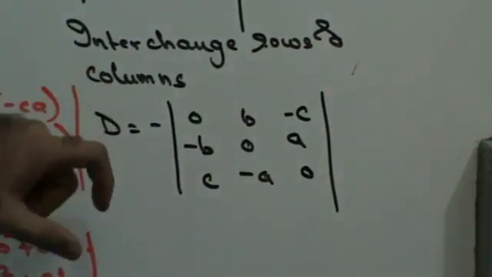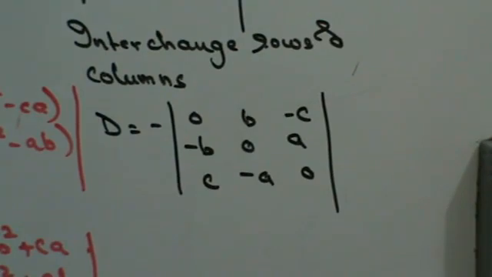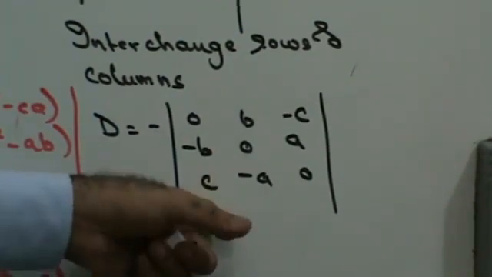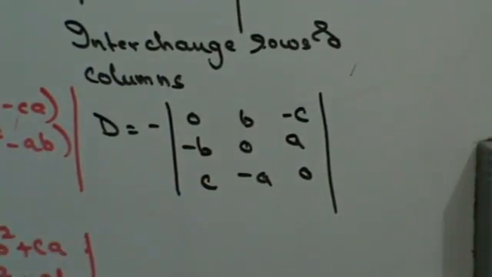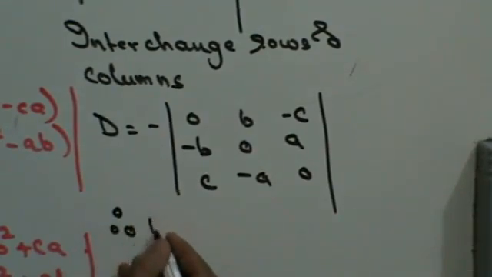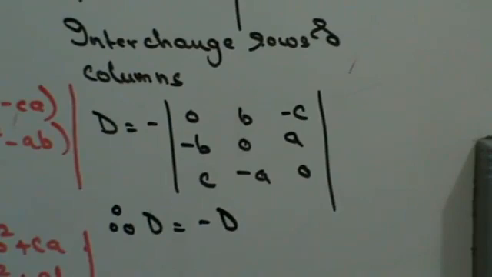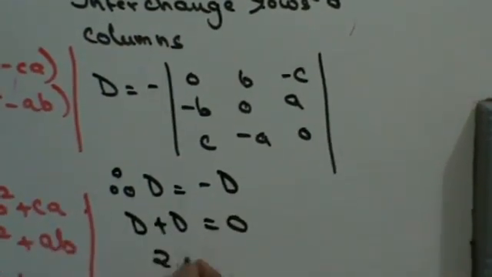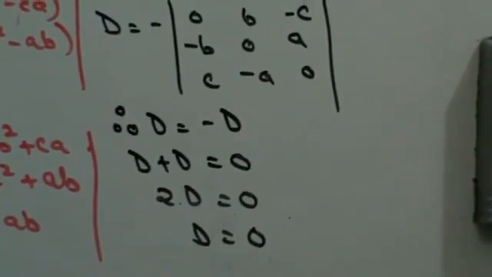But 0, B, minus C, minus B, 0, A, C, minus A, 0 is nothing but D. This is my original left hand side, the value that I had assumed as D. Therefore D is equal to minus D. Take the minus D to the other side, so D plus D is 0, 2D is 0, D is 0, and that's what you have to prove, that the left hand side is 0.